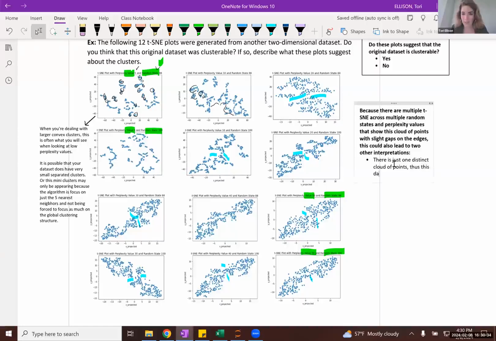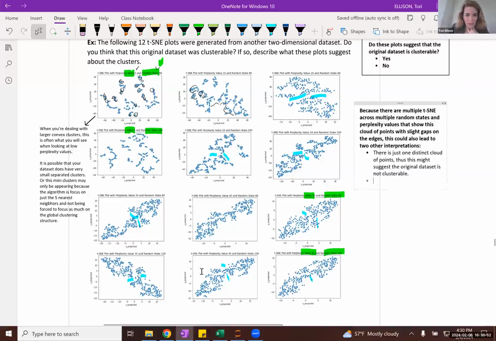Thus, this might suggest that the original data set is not clusterable, or in other words, it simply has one cluster.